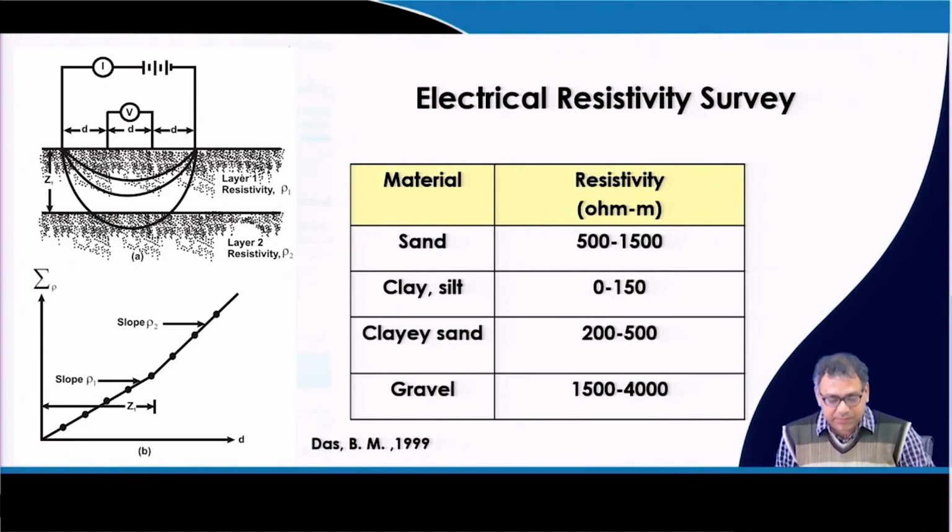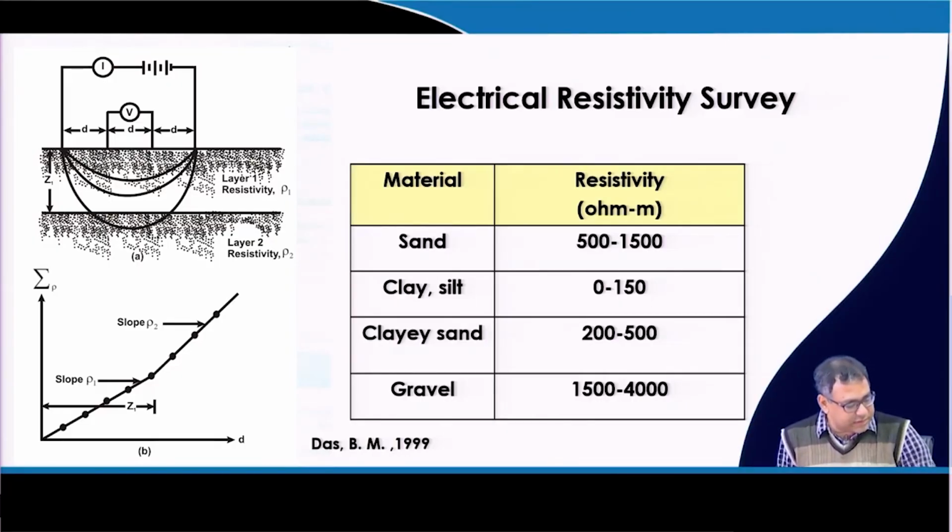Now, the last type of geophysical exploration is the electrical resistivity survey. In this survey, we basically pass the current through the soil, and then we measure the voltage drop, and finally, based on that we measure the resistivity of the soil.